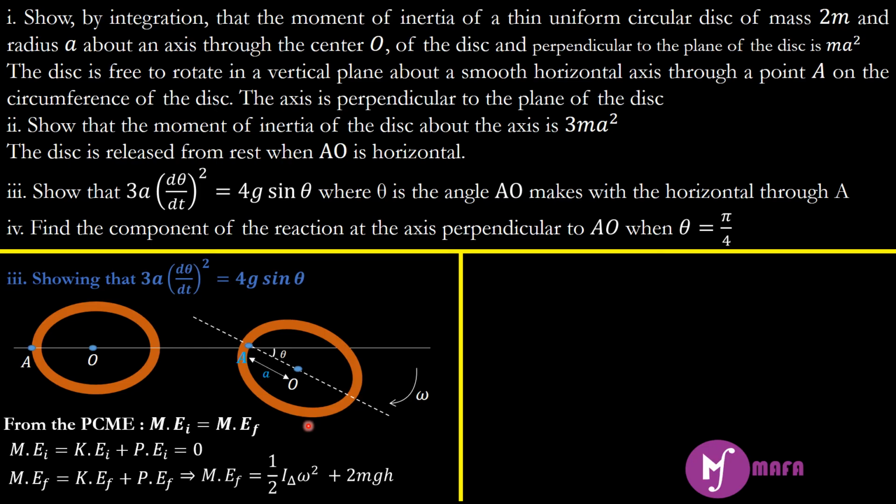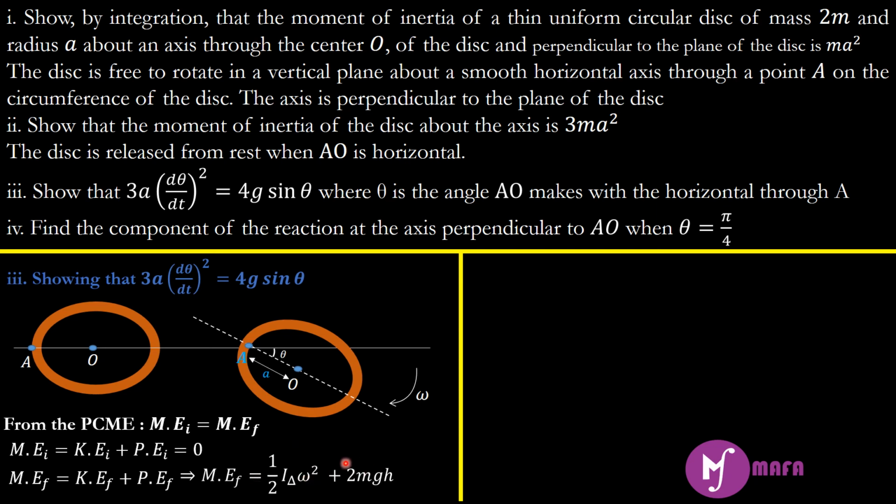If you watch the previous videos I did, you're going to understand this concept better. So the final kinetic energy is simply half the moment of inertia of the system about the axis that is passing through A, which is the axis delta, times the square of the angular velocity. That's the final kinetic energy.